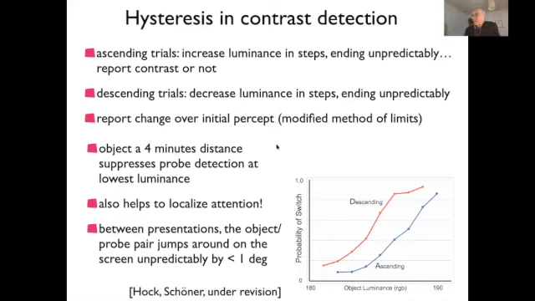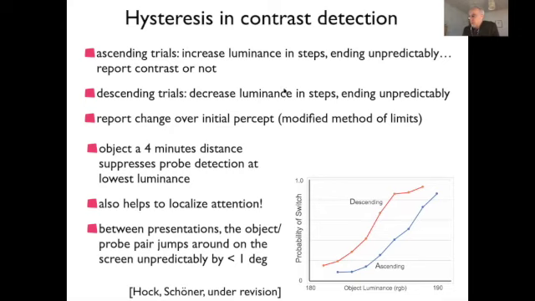So this uses ascending trials, where the luminance is increased in steps. Again, it's the modified method of limits, that is, the end luminance changes unpredictably, and you just report whether you saw a contrast in the probe location or not. In the descending trials, you decrease luminance in steps, and again, it ends unpredictably.